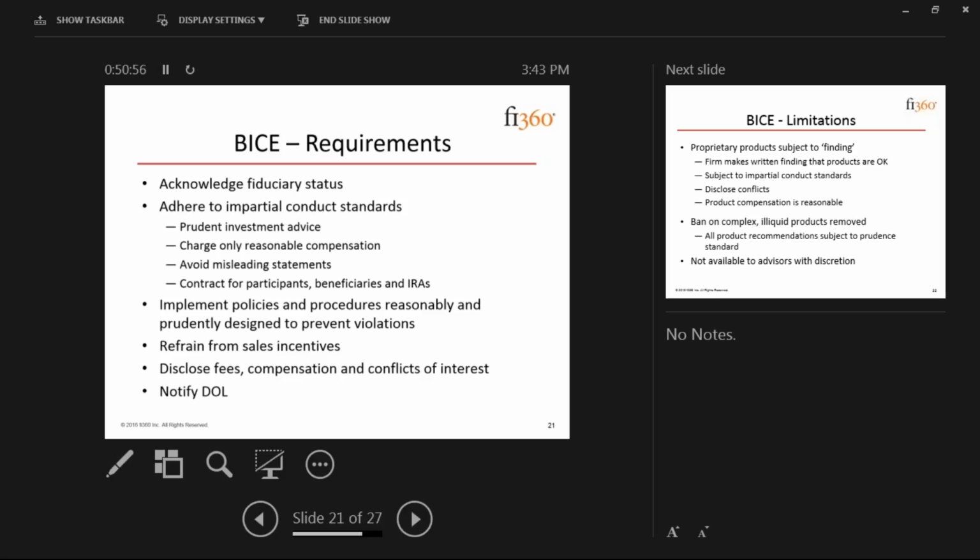Firms must also refrain from sales incentives that would cause a rep, an agent, or an advisor to act in ways that are contrary to these impartial conduct standards.